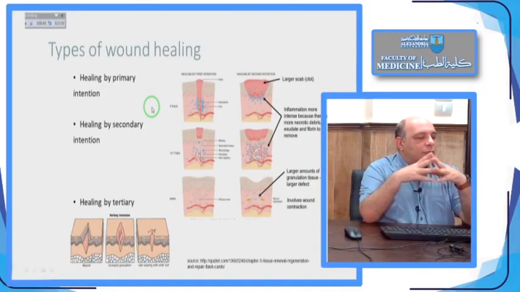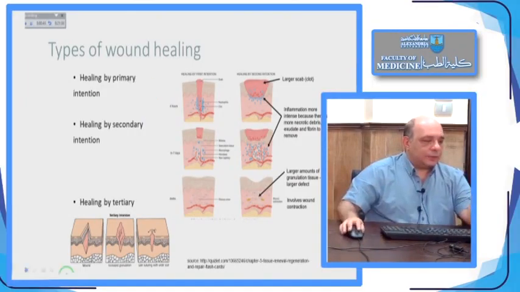But on the other hand, if our wound is gaping and the edges are not in front of each other, what will happen is that the body, by the process of healing that we explained earlier, will close this gap with fibrous tissue.